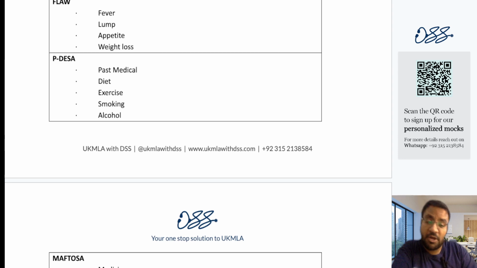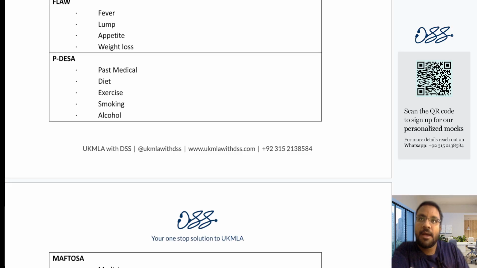But what you can do, if you're unable to manage your time, and if you feel that you're always getting short on your data gathering, try to shorten the question. Like, instead of asking that by any chance are you having any fever, just say any fever. Okay, any lumps and bumps in the body, any weight loss recently? Okay, so by any chance, have you lost any weight recently?